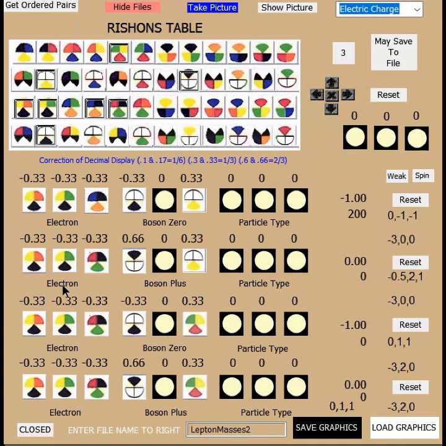Here we have a generic electron, or muon, giving us 200 electron units. And then we have a boson plus, which will invert the particle within the generation, giving us the muon neutrino.